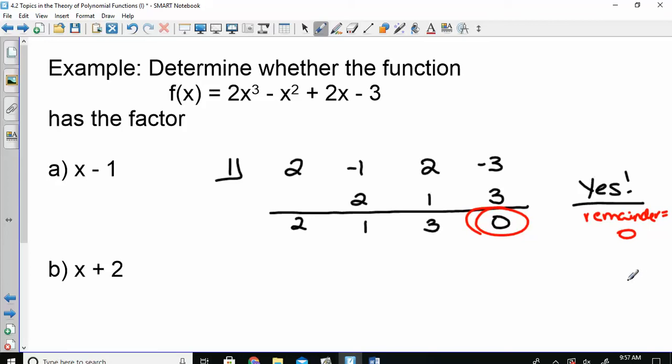Grab a calculator real quick, guys. I want you to find f of 1. So 1 is what we divide by. What happens if you just plug a 1 into this original problem for your x? So 2 times 1 cubed minus 1 squared.